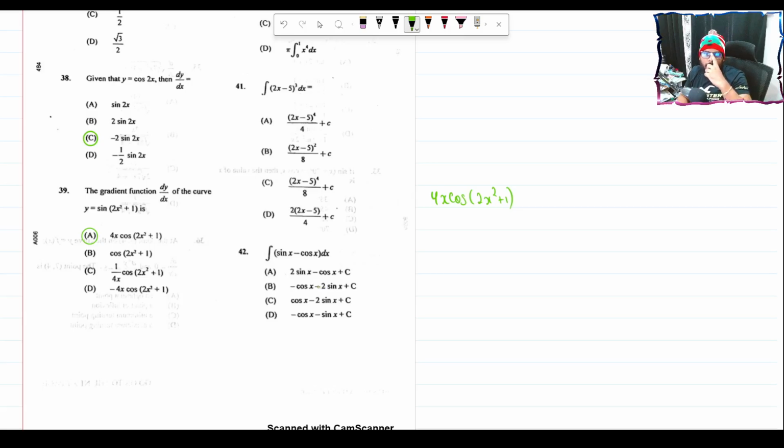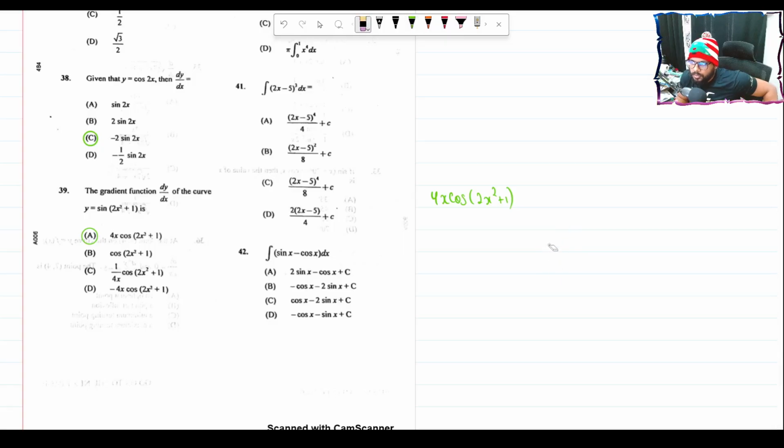The common misconception here: when I differentiate a trig function, in this case sine, it doesn't just change to cosine. Yes, the differential of sin x is cos x, but I am multiplying this by the differential of the angle.